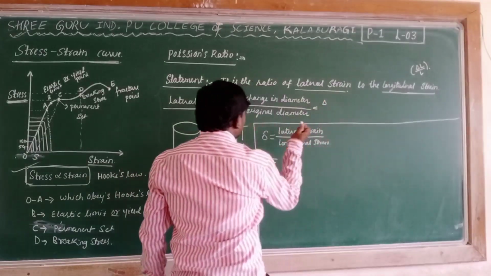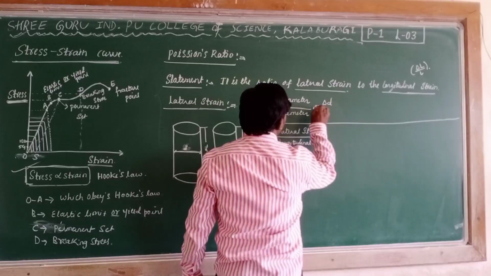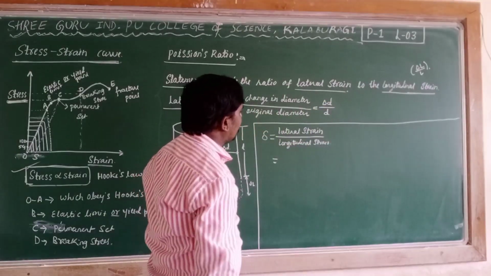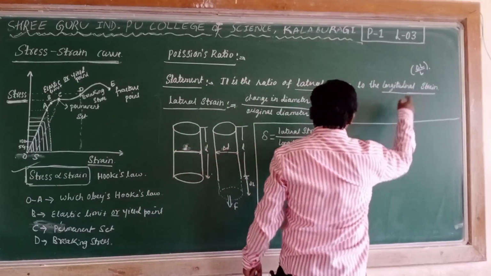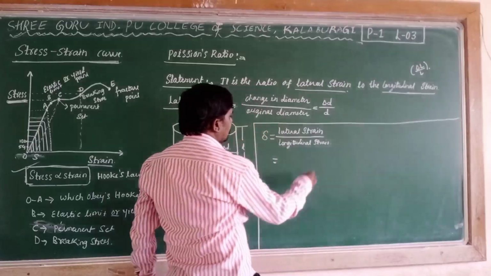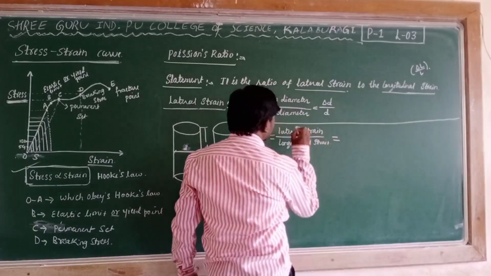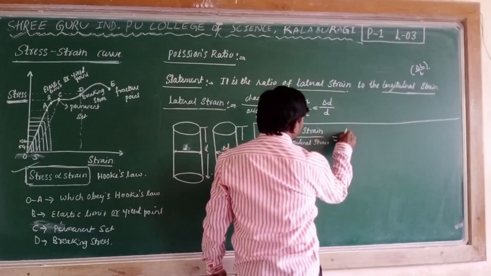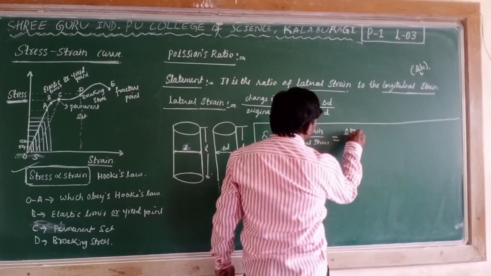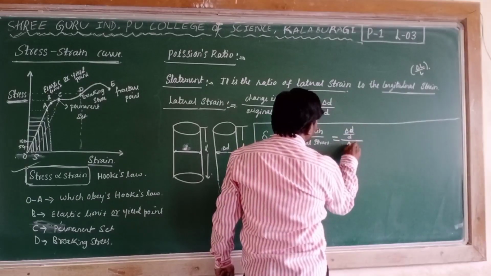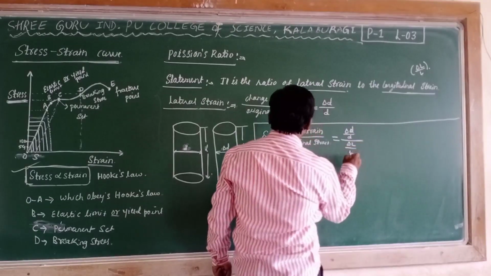Change in diameter to the original diameter. And we know that longitudinal strain is change in length by original length. So we can write lateral strain, change in diameter by original diameter, that is delta d by small d, whole divided by delta L by L.